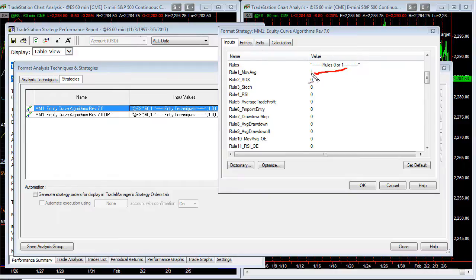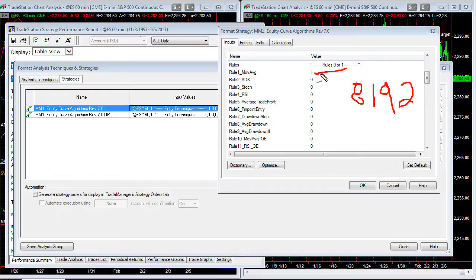And if you set rule 1 to true, then you will scroll down to the next section and you have parameters for rule 1, such as L1 and L2 for the dual period moving average. And so again, each of these rules is 0 or 1, and there are 8,192 combinations of rules.